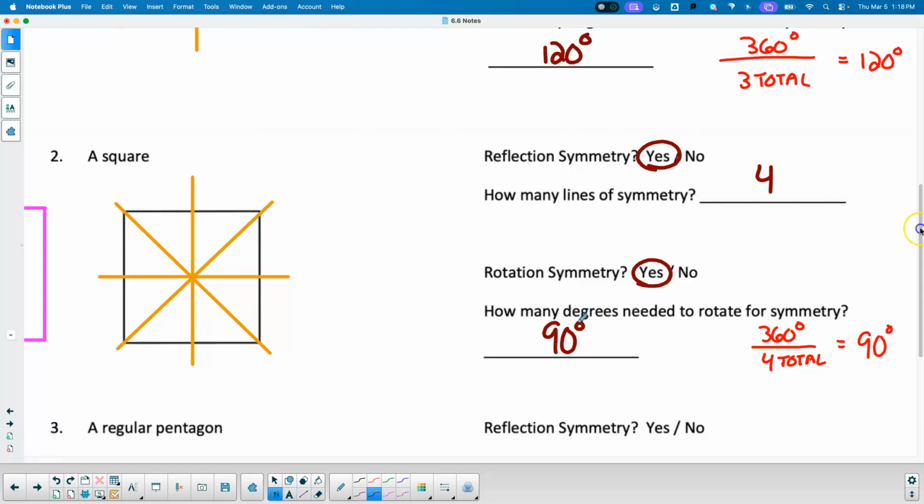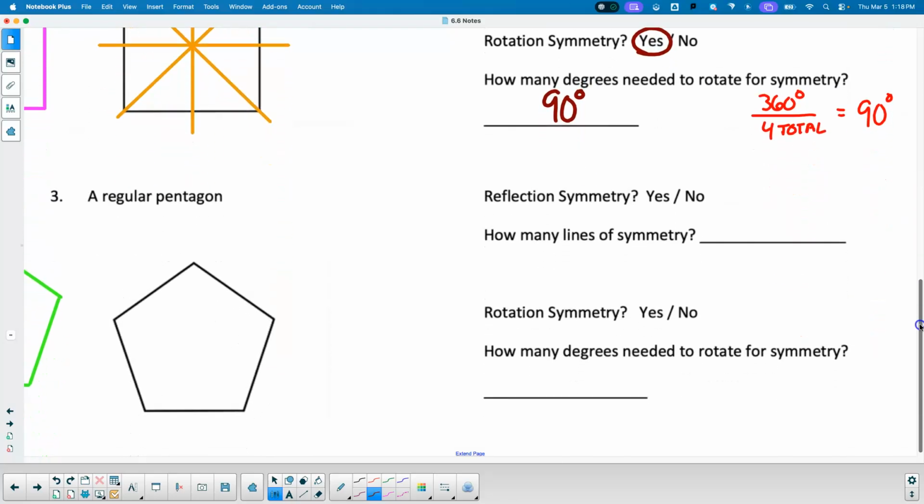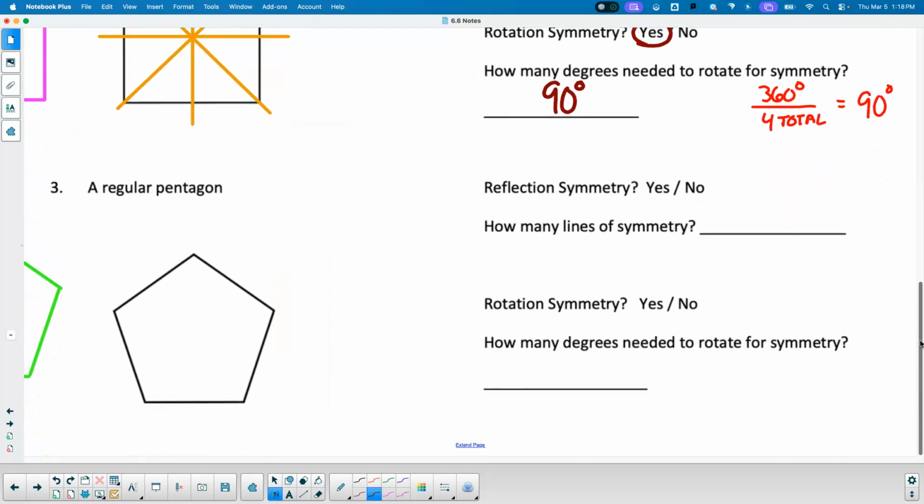Let's see if that all works out here with a regular pentagon. Does a regular pentagon have reflectional symmetry? Yes. 5 times. There's 1.